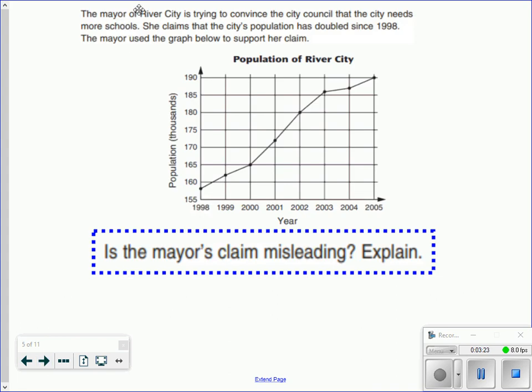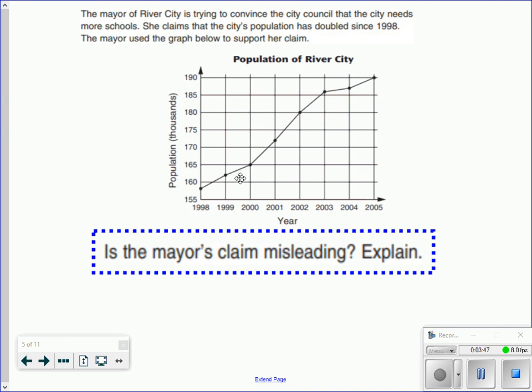Take a look at this graph. The mayor of River City is trying to convince the city council that the city needs more schools. She claims that the city's population doubled since 1998. So doubled, times 2. The mayor used the graph below to support her claim. So if it's doubled since 1998, let's take a look here. 1998, it's probably right around 157,000.